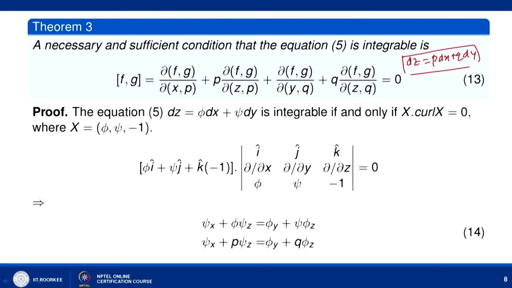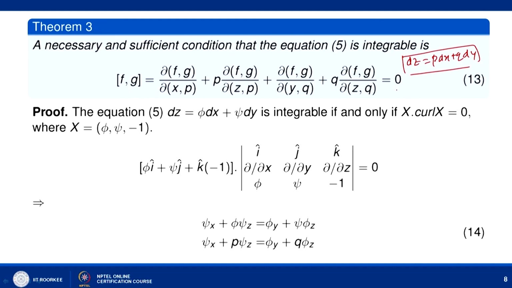So let us look at equation number 5. We say that a necessary and sufficient condition that equation 5 is integrable is that this bracket [f, g] is equal to 0, where [f, g] is written as the Jacobian of f, g with respect to x, p plus p times the Jacobian of f, g with respect to z, p plus the Jacobian of f, g with respect to y, q plus q times the Jacobian of f, g with respect to z, q, and if you look at the expression, that should come out to be 0.